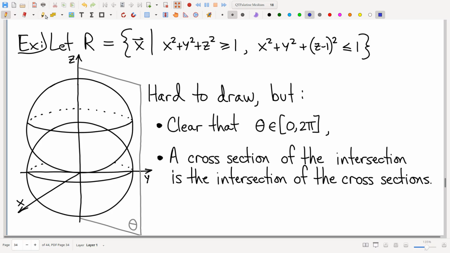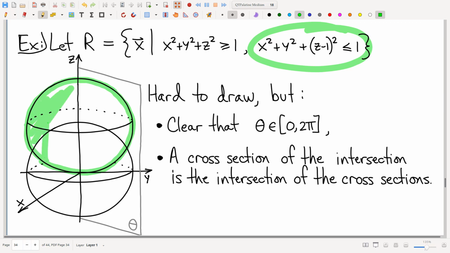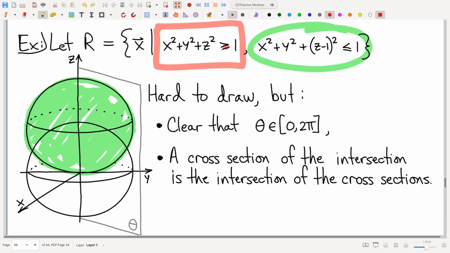So what this thing looks like, we have here this ball, which is like this. And now let's think about what this says right here. It looks like a ball until you notice that it is a greater than or equal, not a less than or equal.